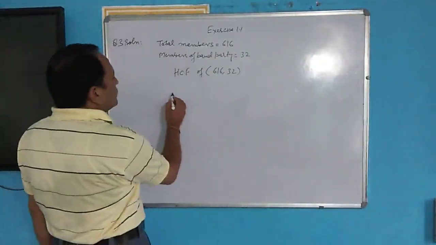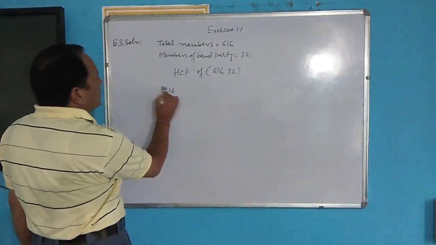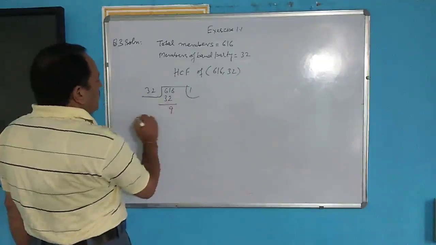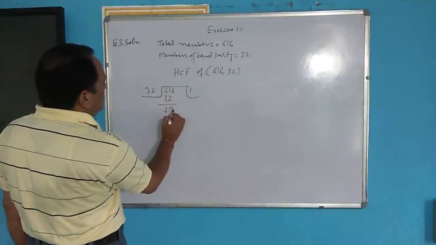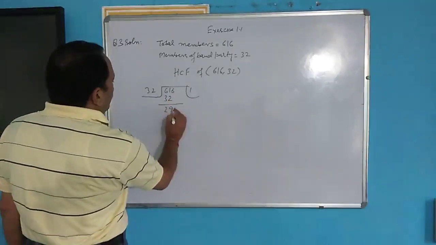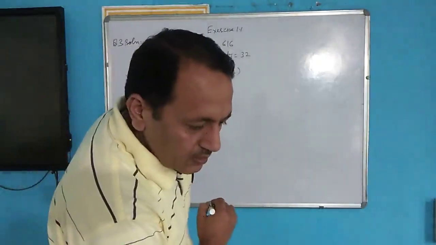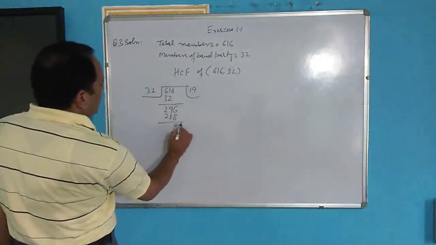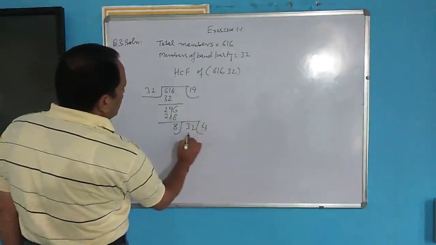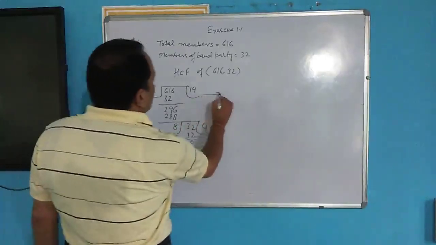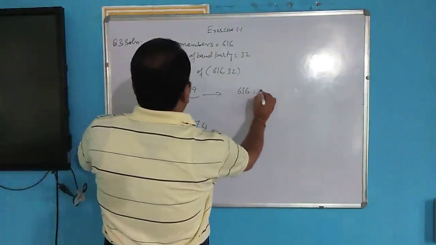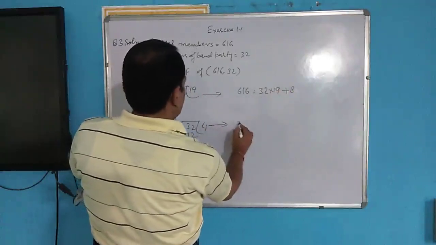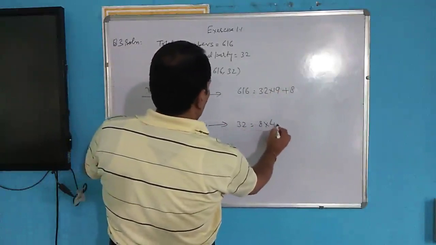HCF we can find by dividing. This first division fact can be written as 616 is equal to 32 into 19 plus 8, and the second step can be written as 32 is equal to 8 into 4 plus 0.